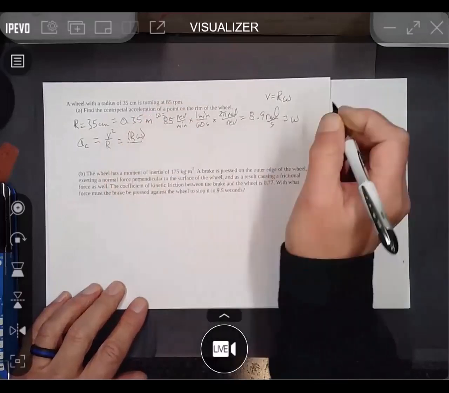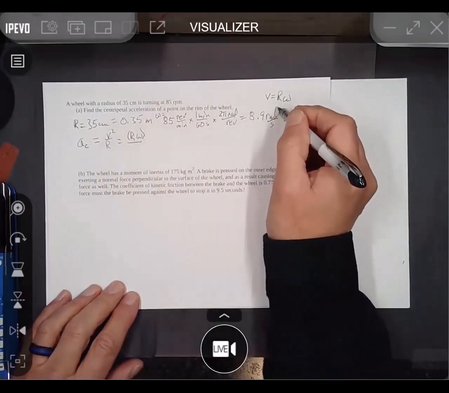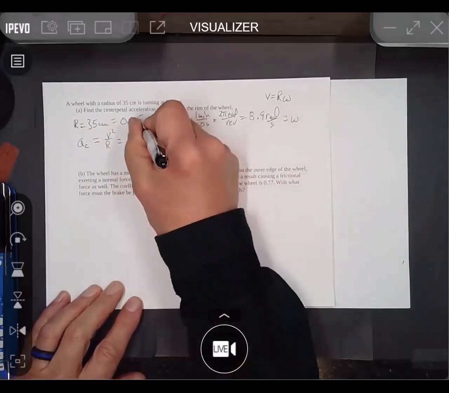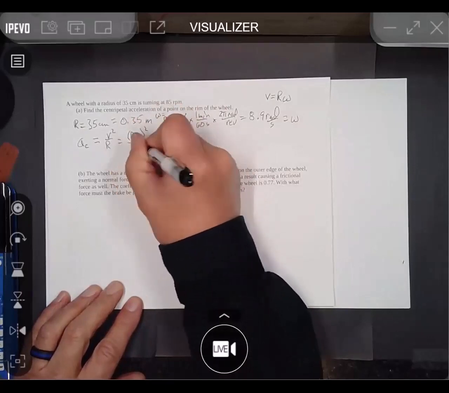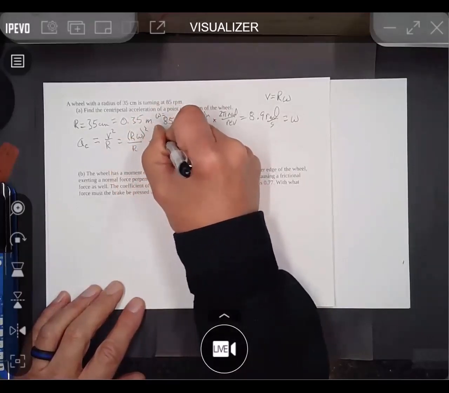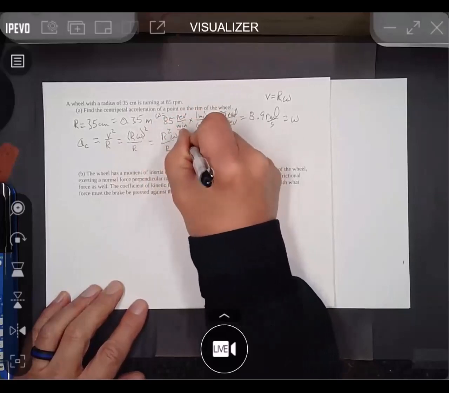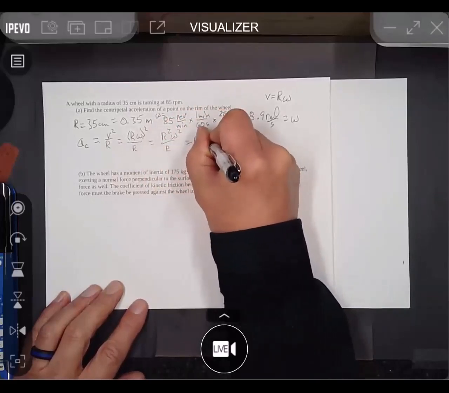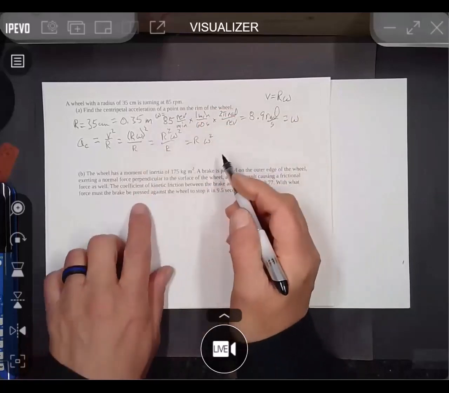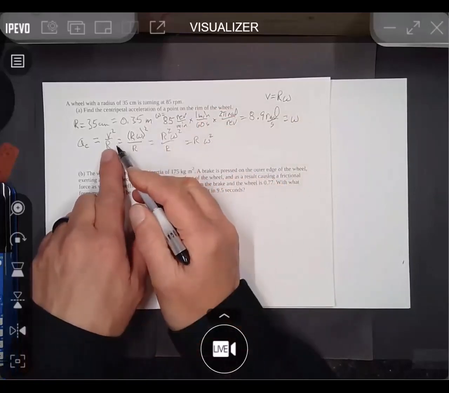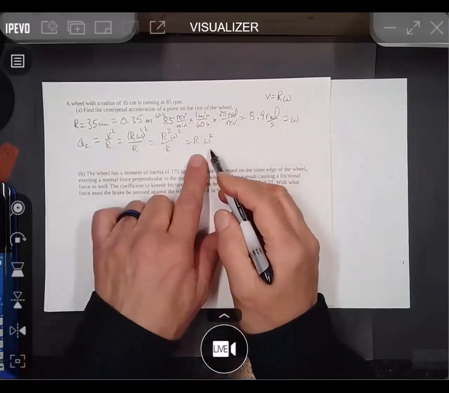That's one of the links between rotational and translational motion. That would be squared divided by R, and you'd have R squared omega squared over R, which is just R omega squared. So we don't have to do that intermediate step of figuring out what V is. We can just use this.